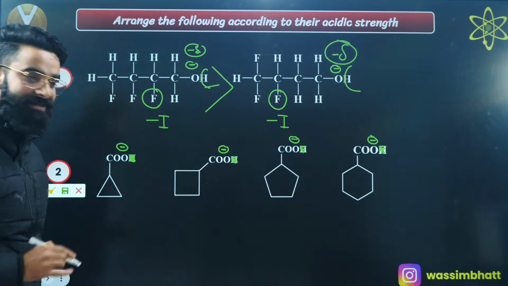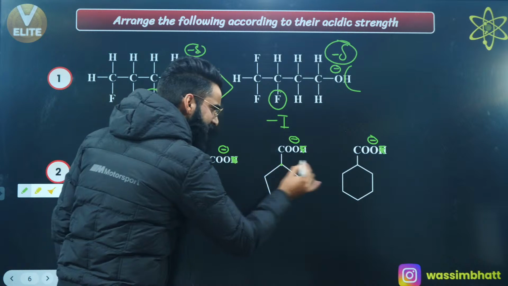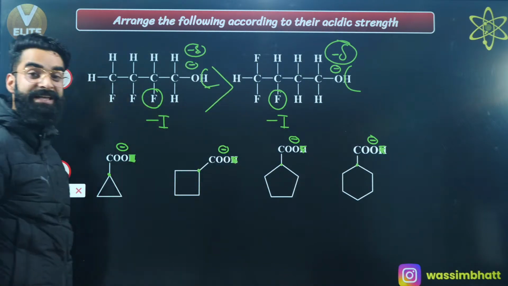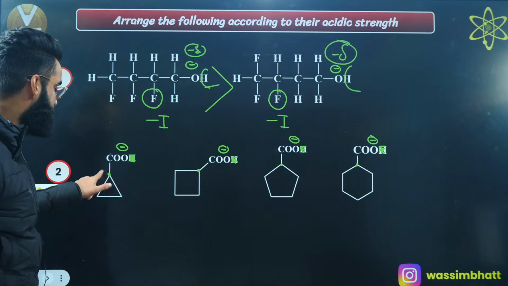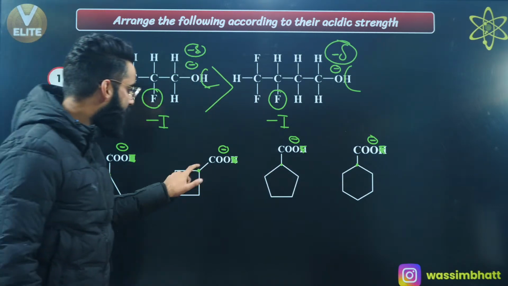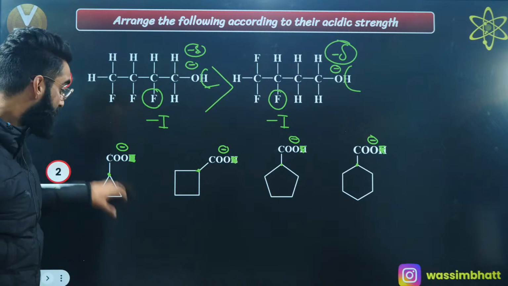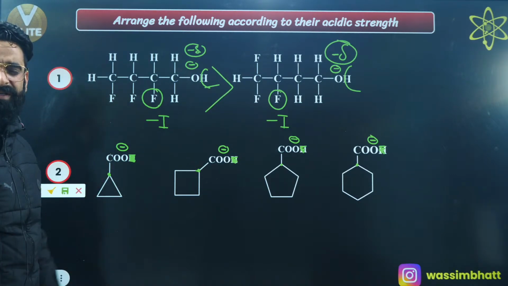Now, we have discussed, if you talk about this carbon, this carbon and this carbon, we have discussed their electronegativity as well, right? Can I say electronegativity of this carbon is maximum among all the carbons which I have pointed over here, right? Yes, because of more angle strain. That's something which we have discussed in the earlier classes.